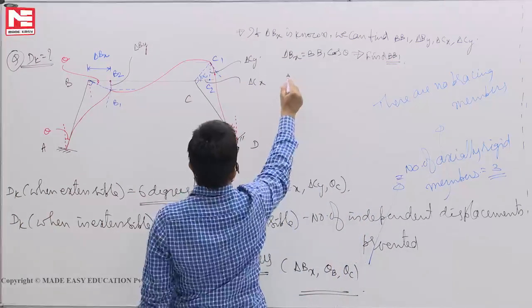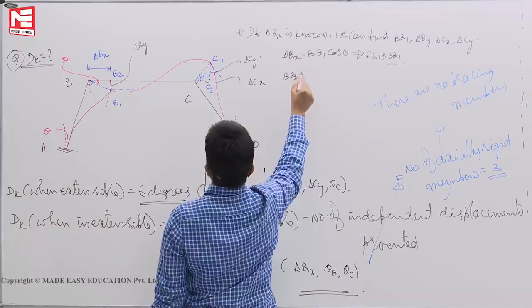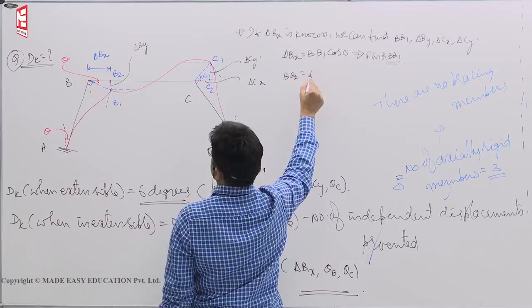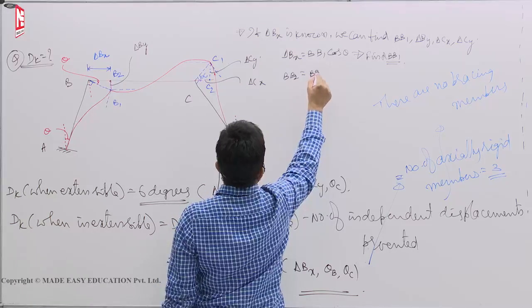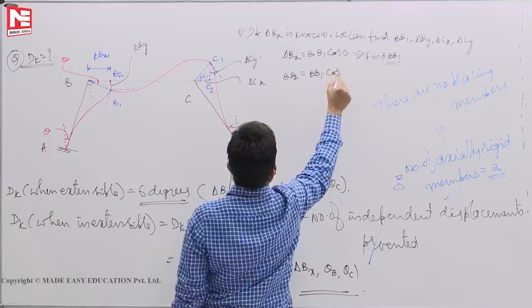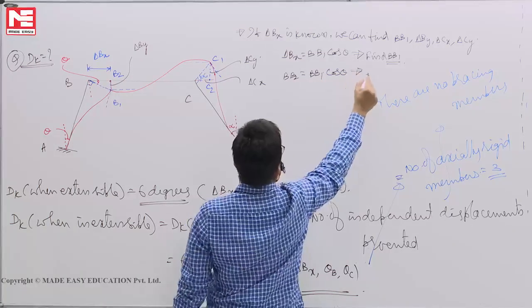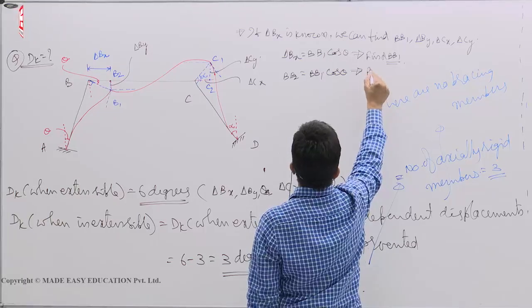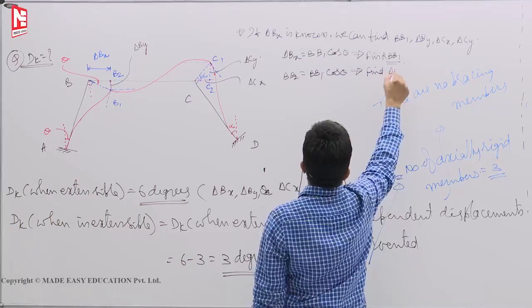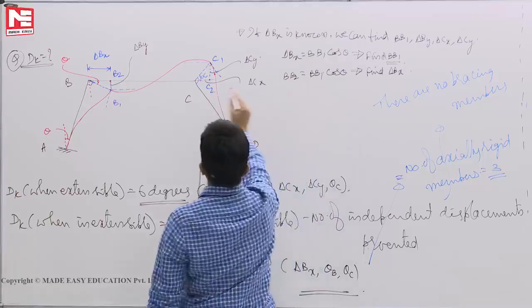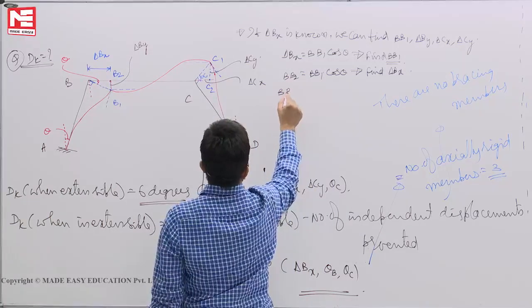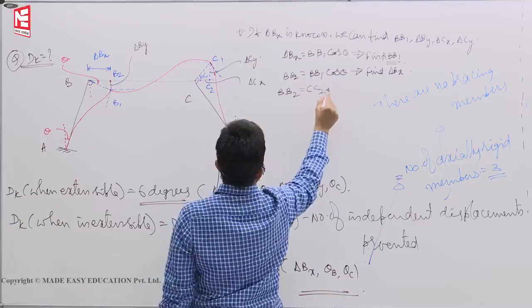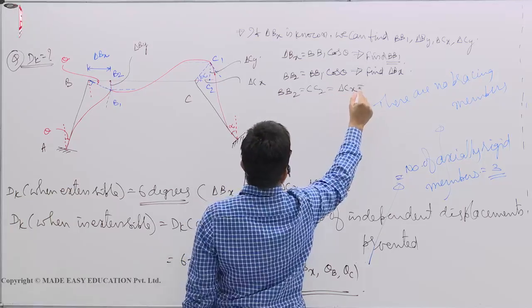Next, BB2 is nothing but delta Bx. Find delta Bx. Next, BB2 is also equal to CC2, which is nothing but delta Cx.